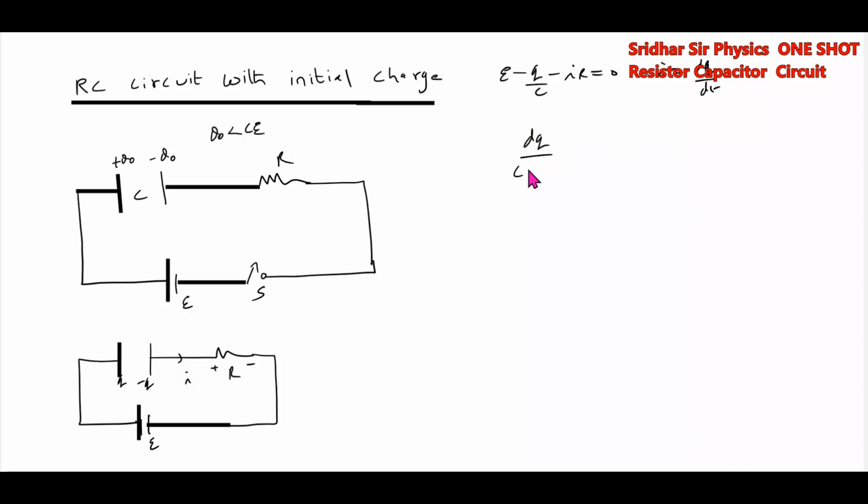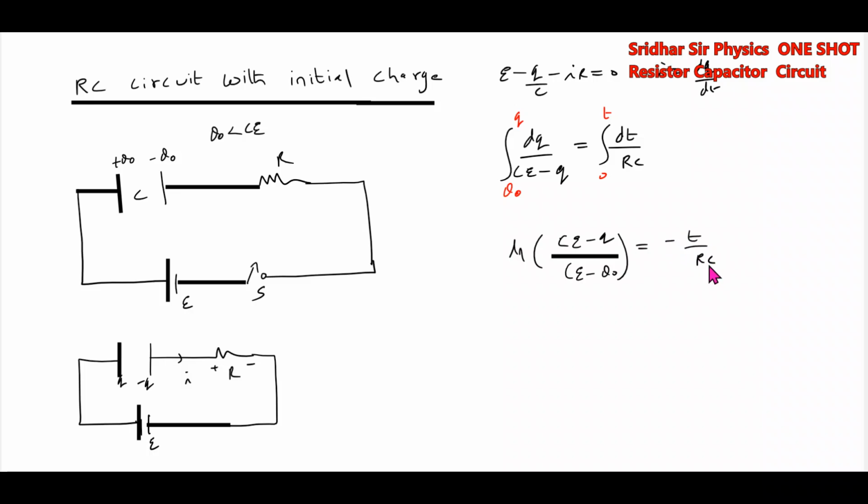Then solving this will end up with an equation like this, dt by RC. At t equals 0, what is the charge in capacitor? It is Q naught, no? Substitute that charge. At an instant of time, let it be t. If there's some initial charge present, then this equation will become log of (CE minus Q) by (CE minus Q naught) is equal to minus t by RC.